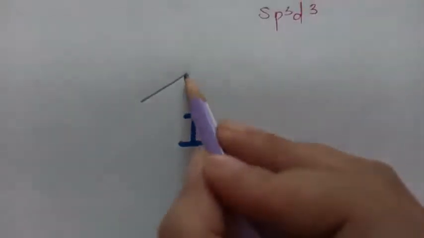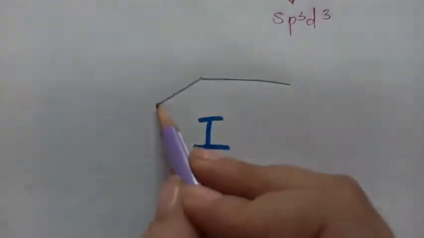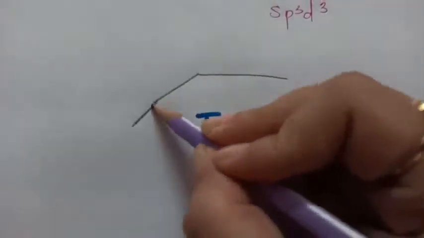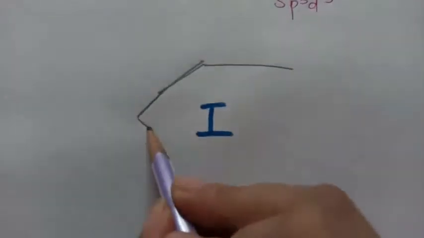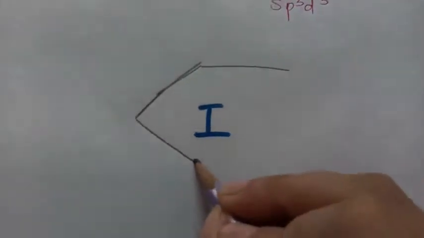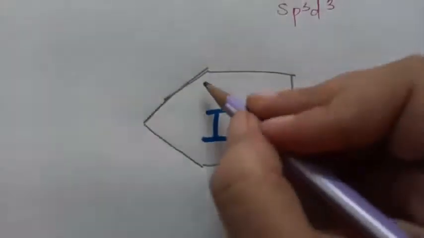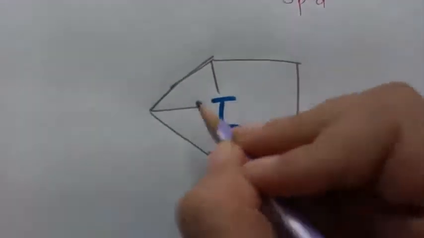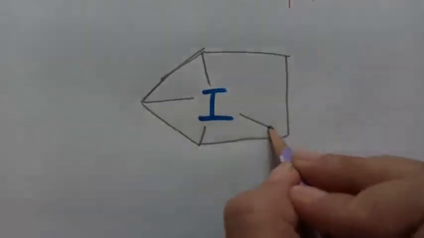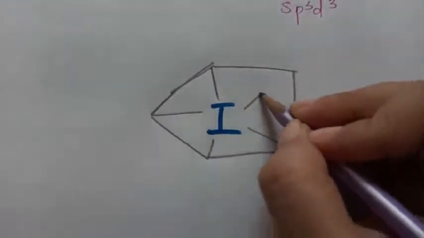So again, the geometry is pentagonal. You will have to draw a pentagon around the iodine like this, and you should join all the corners of the pentagon to iodine. Iodine should be at the center.